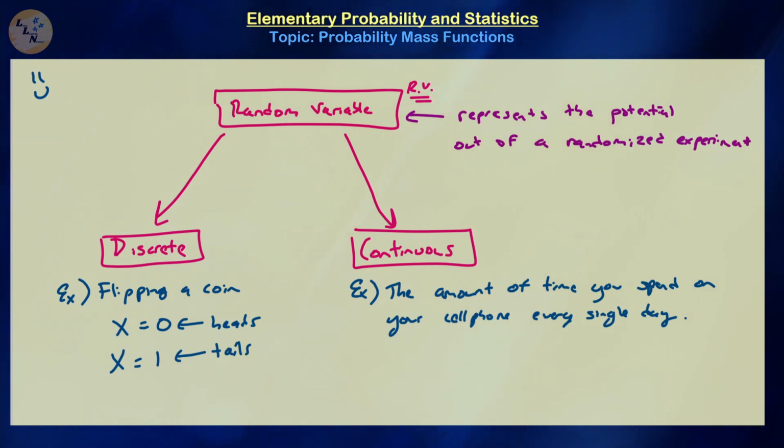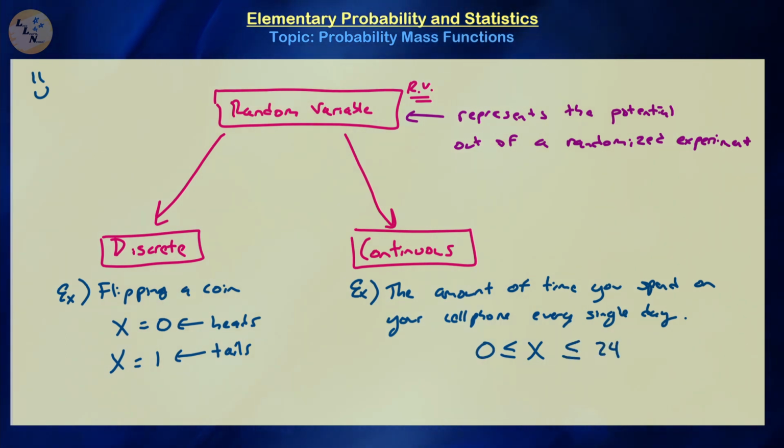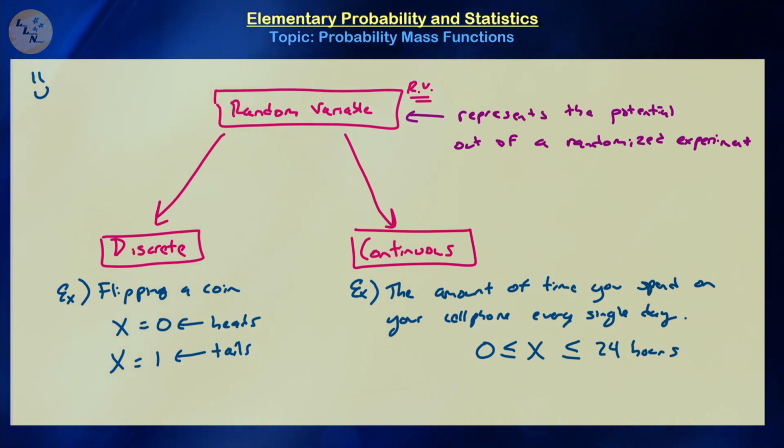So that means the amount of time, let's assume x, is usually a number anywhere from 0 to 24 hours. So you could spend 10 hours, 10.5 hours, 10.12367 hours, and so on. So you pretty much get a continuous interval from 0 to 24 versus the discrete case where you only have a couple numbers, either finite or countably infinite. That is also possible too.